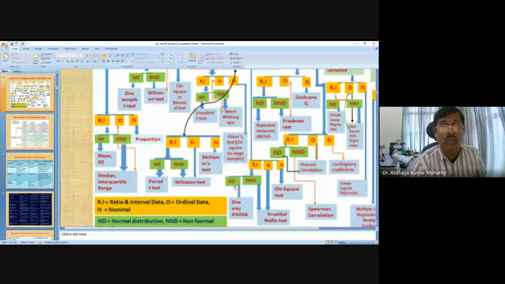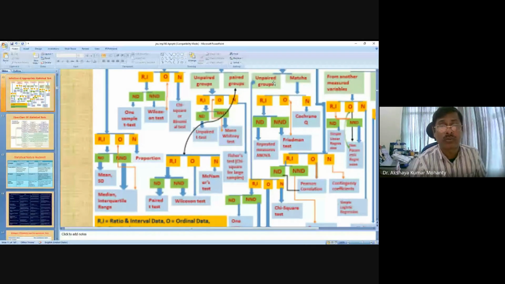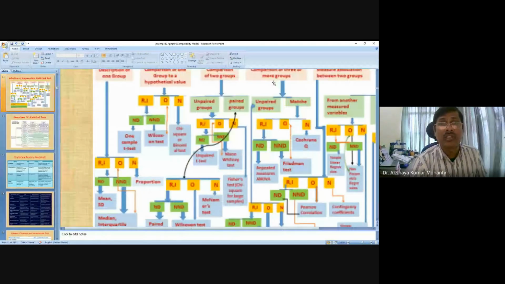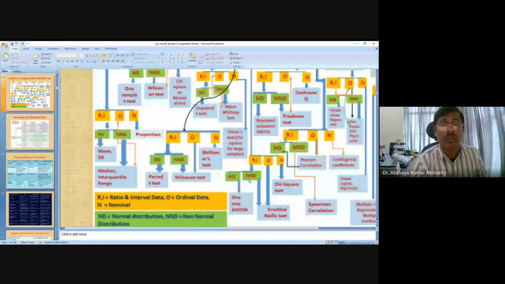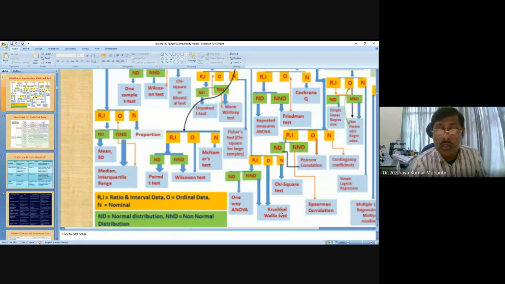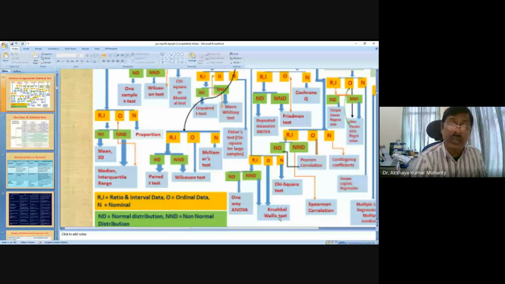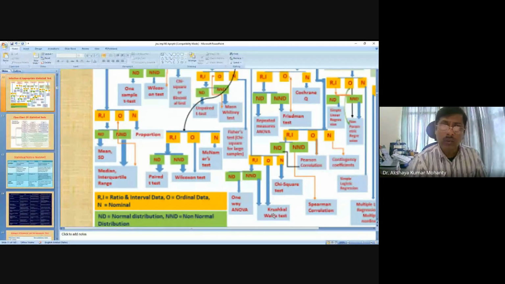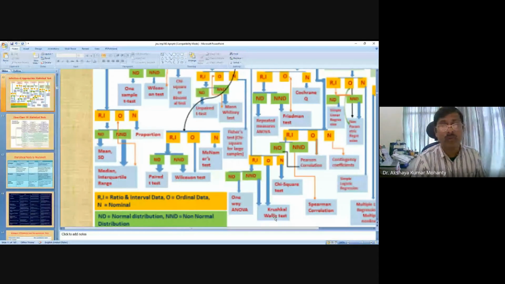Suppose normal distribution is not achieved under the unpaired groups with 3 or more groups, and non-normal distribution is coming up. Under ratio and interval, you have the option of choosing the Kruskal-Wallis test, what I discussed in the previous slide. Now we go to the other 2 scales, ordinal and nominal. If it is the ordinal scale, you can use the same test, Kruskal-Wallis.